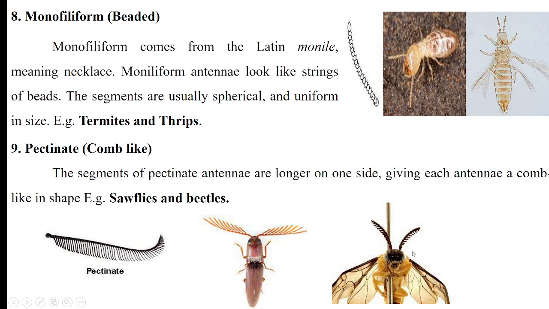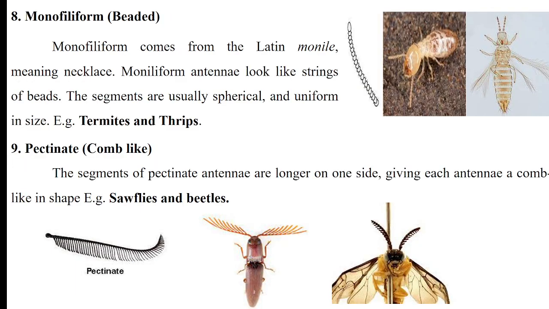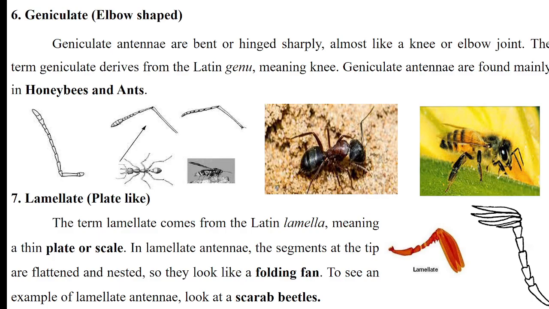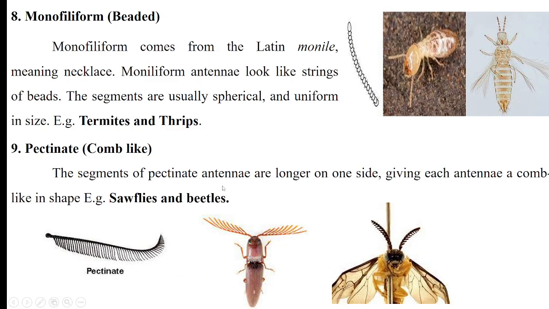This is the sawfly, an exceptional member of Hymenoptera that is a serious pest of mustard. And these are the beetles. In the beetles and the sawflies, this pectinate antennae is found. This pectinate antennae may also be called unipectinate.